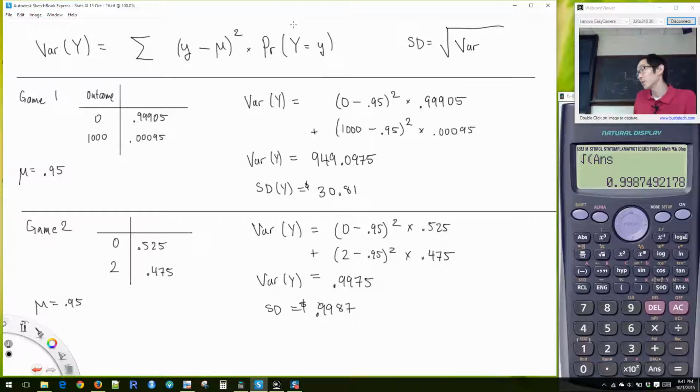The outcome is a number. It's how much money you win. Each of those outcomes has an associated probability, and so we want to know what is the mean outcome that you can expect if you were to play this game thousands of times or millions of times. Well, in the long run, you're expected to win about 95 cents every time you play.